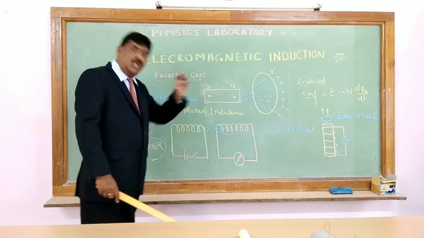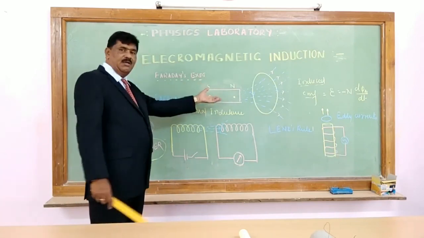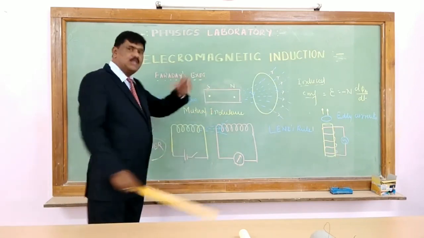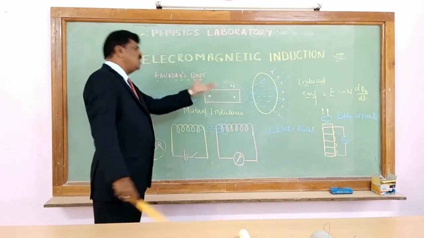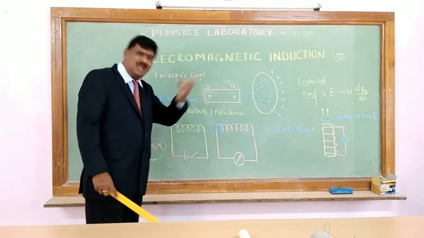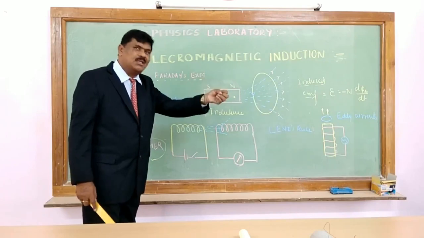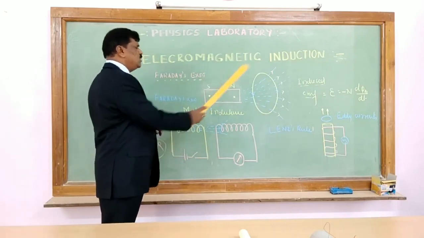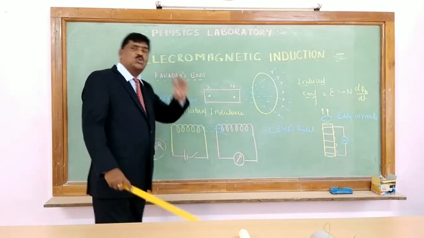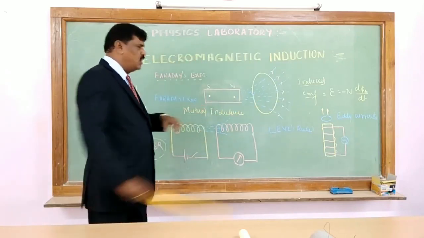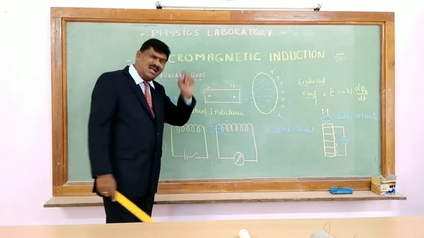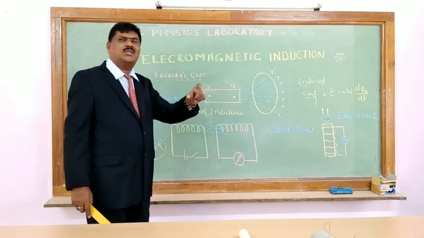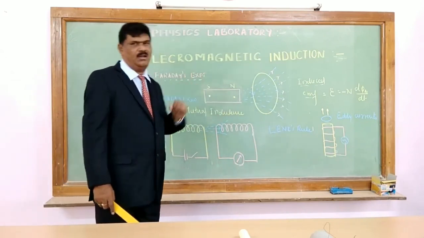Even so, when both the materials are placed very near to each other, something is there. So what is that? We say that a magnetic flux is linked with the coil. That means whenever we place a magnet near a coil, a number of magnetic field lines are in touch with the coil. That situation we call a magnetic flux linked with a coil.